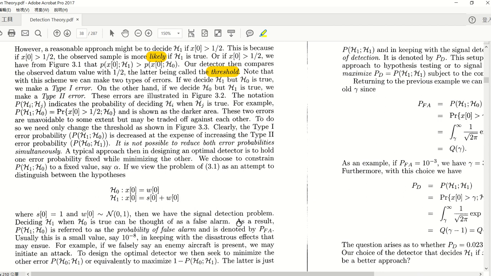As a result, this is referred to as the probability of false alarm. Usually, this is the null and this is the alternative.